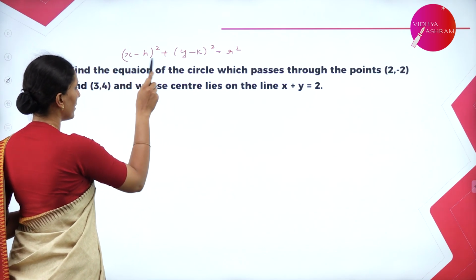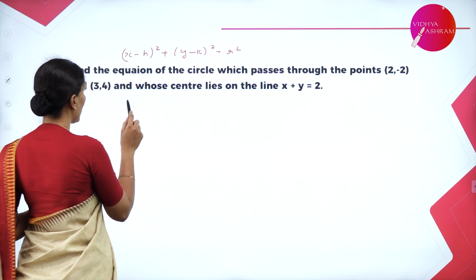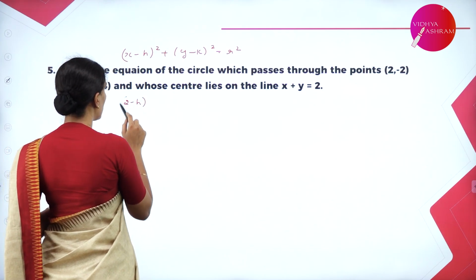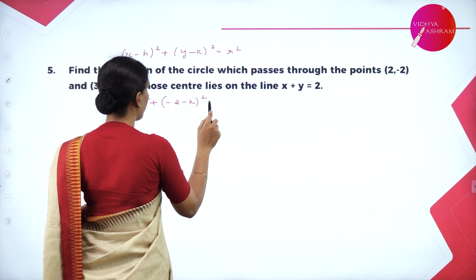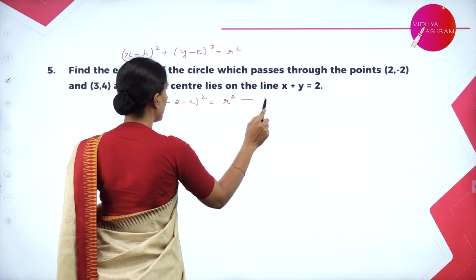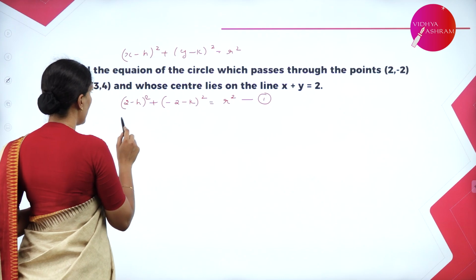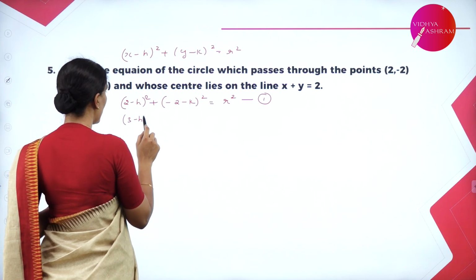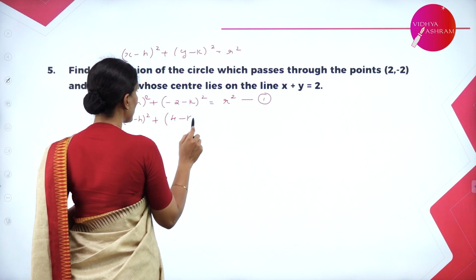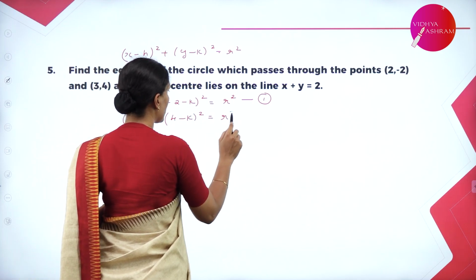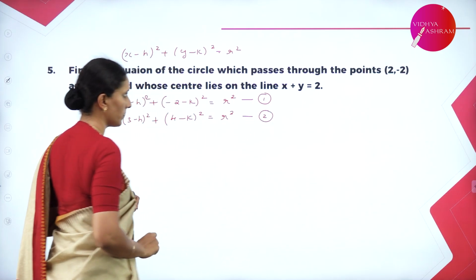So taking x and y as 2 comma minus 2, we'll get (2 minus h) whole square plus (minus 2 minus k) whole square is equal to r square. Let this be equation 1. And similarly, we'll get (3 minus h) whole square plus (4 minus k) whole square is equal to r square. Let this be equation 2.